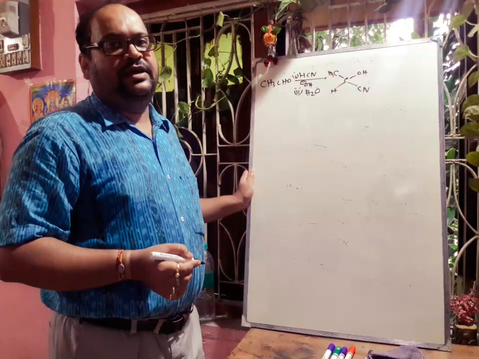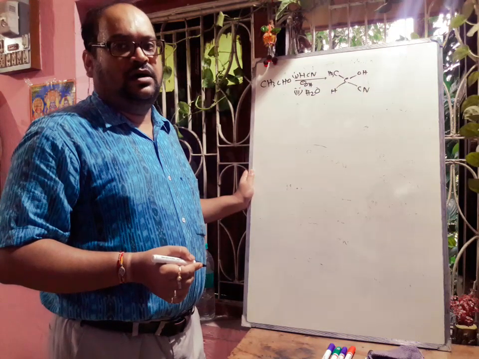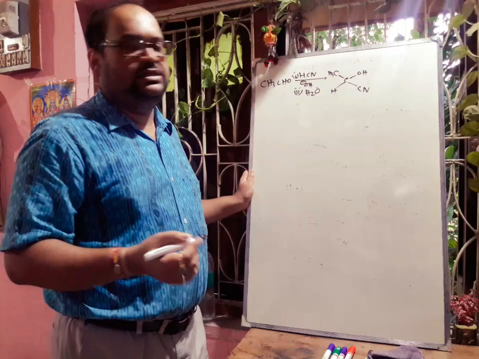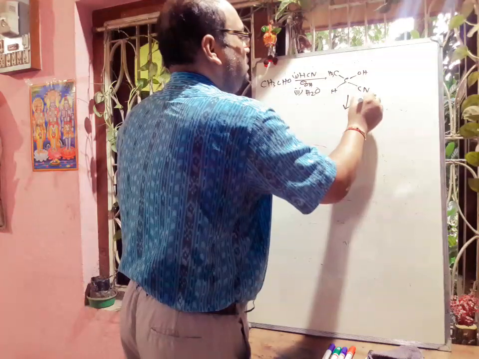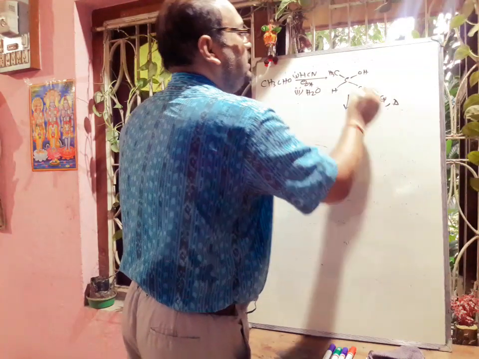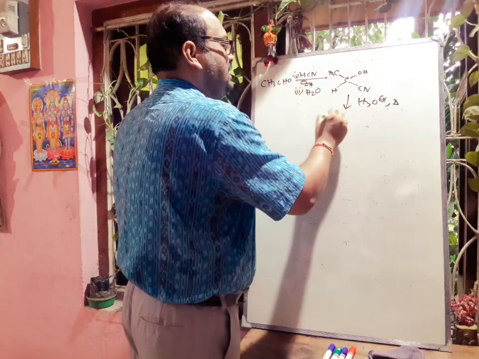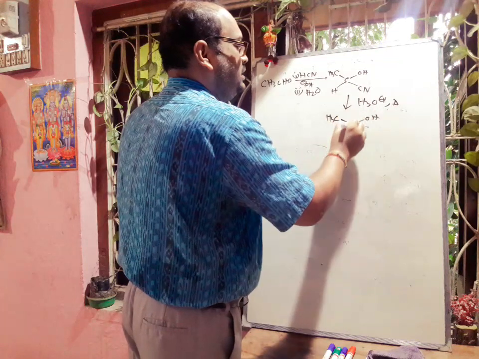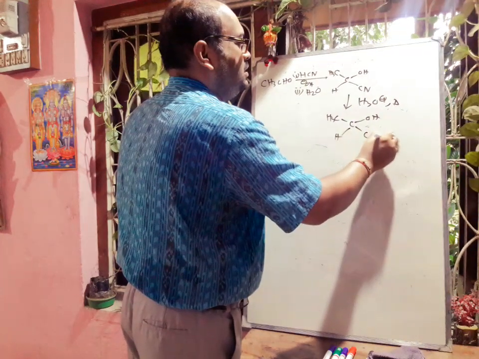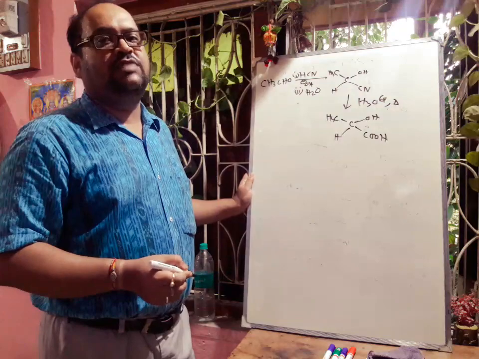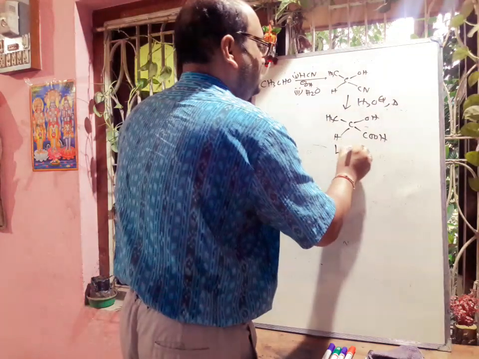Next step, if we do the hydrolysis, that means if we give HCl plus and heat, then there will be cyanide hydrolysis. Cyanide hydrolysis will produce a carboxylic acid, that is COOH. Now what is this compound? This one is nothing but lactic acid.